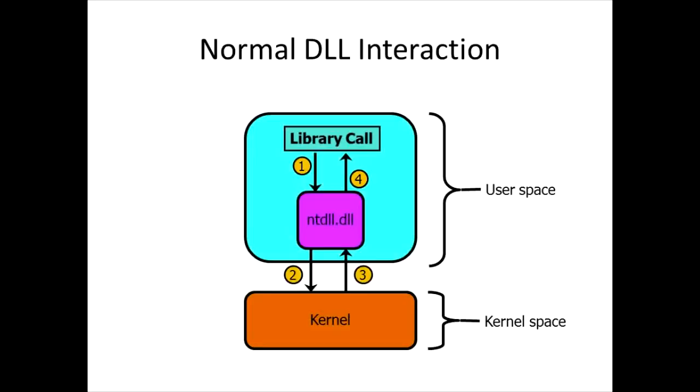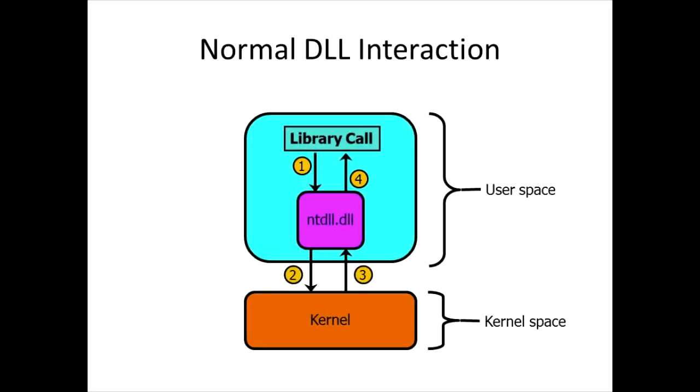They might call an API call that, let's just say, reads some values from the registry. That library call interacts with a system level DLL in order to talk with the kernel. So the library call invokes a routine out of the DLL, which in turn communicates with the kernel, says, hey, give me this value out of the registry. And the kernel returns that value, which is then presented in some nice way back to your application.